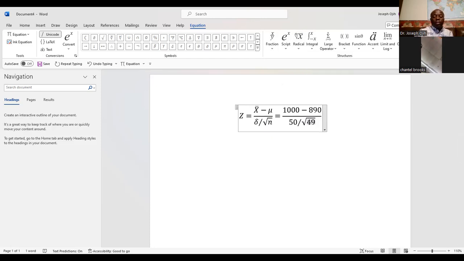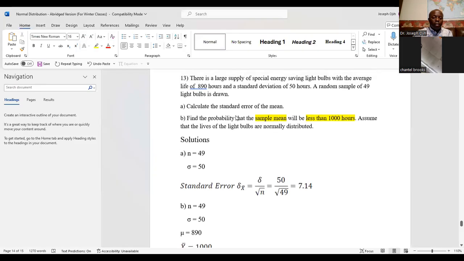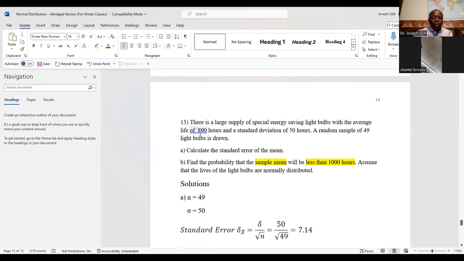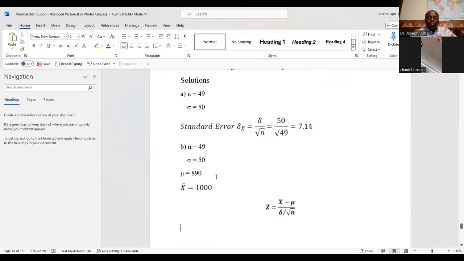Of course, all of these are from the problem we were given: the population mean is 890 hours, the standard deviation is 50 hours, the random sample n is 49, and they ask to find the probability that the sample mean will be less than 1,000. So you can see where we get those numbers, and I also listed them here.